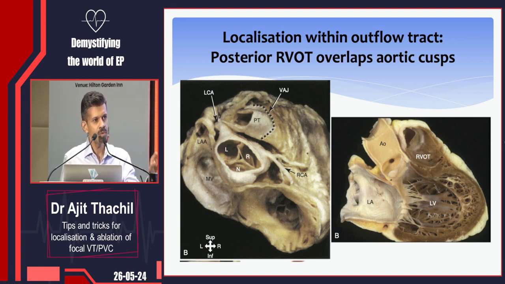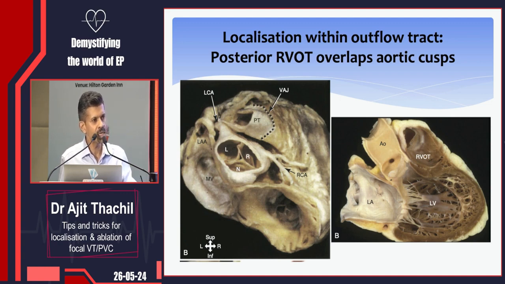Meaning, with the morphology you can more or less pinpoint to anterior outflow tract, posterior outflow tract, or septum between posterior outflow tract and cusp, or the anterior cusp, the left and the right anterior cusp, or the posterior cusp, the non-coronary cusp, or more posterior to that. More posterior that would be the mitral annulus.